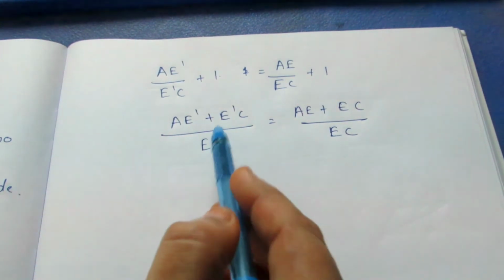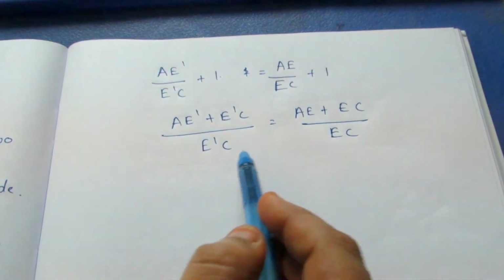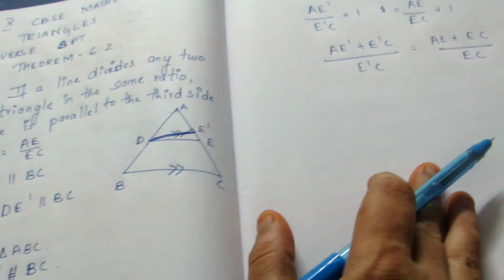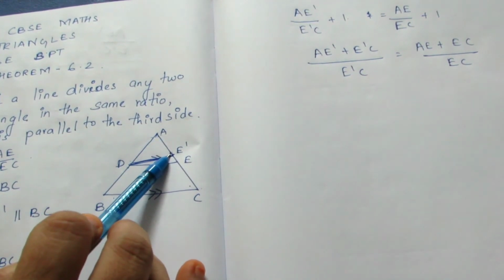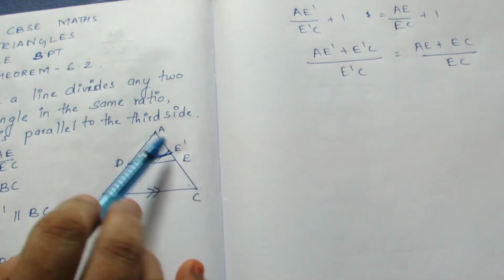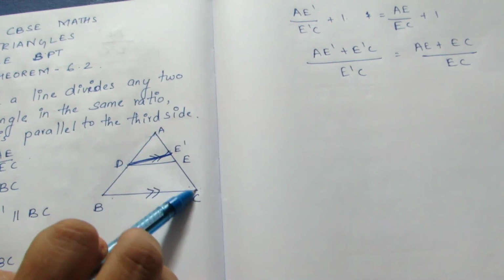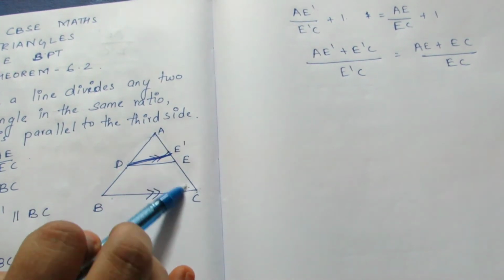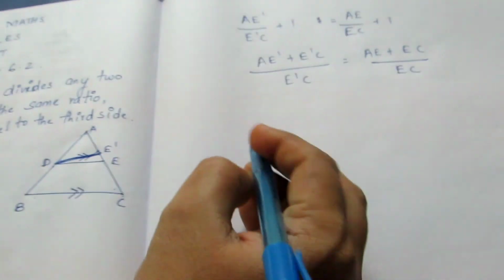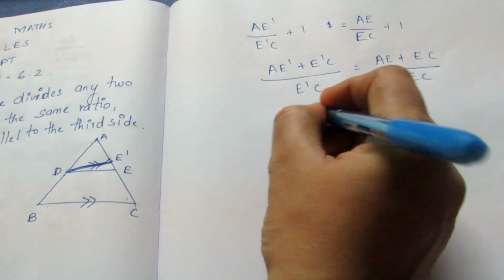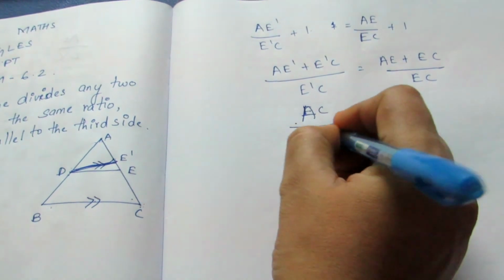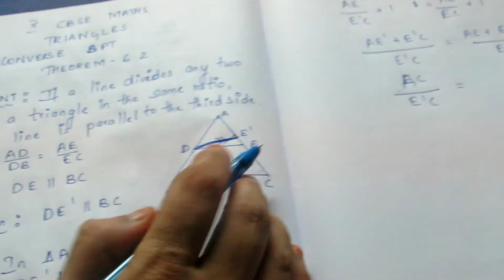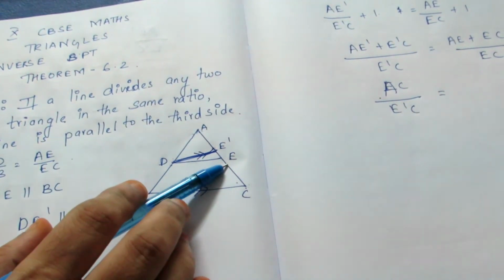Just multiply this, then add, same way multiply this. If we see the diagram, here AE dash plus E dash C is nothing but AC. So instead of this, we can write AC by E dash C. Then here AE plus EC.